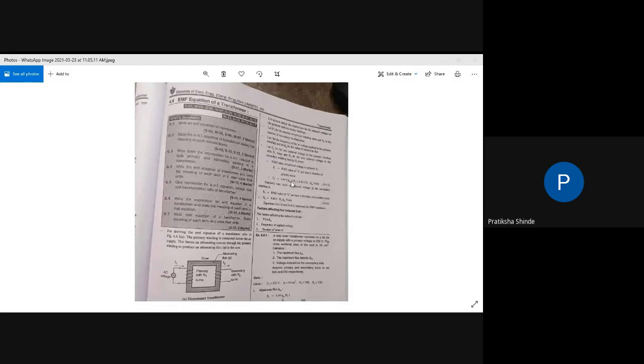So directly, the equation for the EMF generated on the primary side will be 4.44 into f into phi m into N1, and for E2 on the secondary, just replace 1 with 2. E2 is equal to 4.44 into f into N2 into phi m volts. That is your secondary equation.